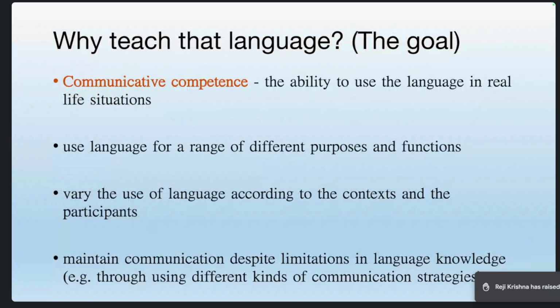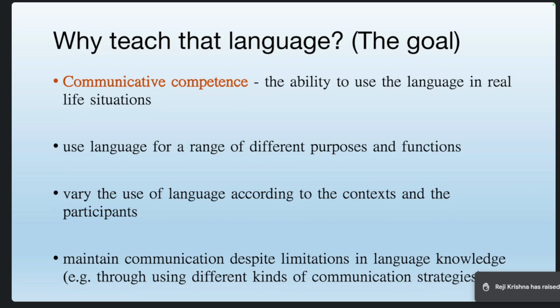So again, we are still talking about why we teach that language. Here we are talking about English. Why do we teach? To attain communicative competence. And what is communicative competence? Communicative competence is the ability to use language in real life situations. Even if you have very high grammatical competence, you need not have this ability. So one confusion that we have to make clear at the very beginning is that you can have high grammatical knowledge and still not be able to communicate.